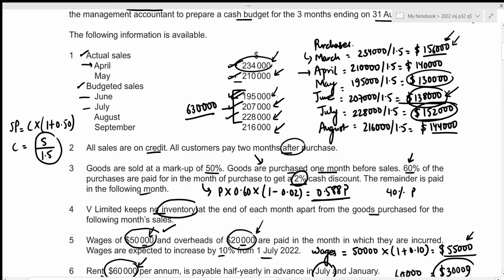So we can see that we calculated the purchases corresponding to 195,000 right here, and 207,000 right here, and 228,000 right here, which means that the total of our purchases should be the total of these three amounts. So that's going to be 130,000 plus 138,000 plus 152,000, which results in 420,000. This will be our cost of sales that we require in the income statement. Let's write it down.